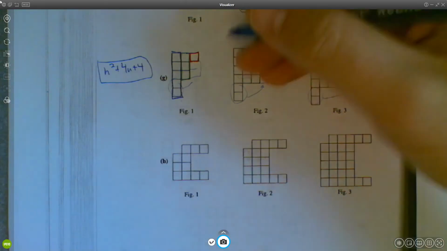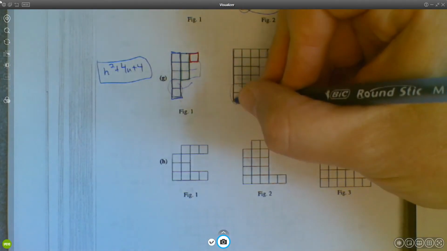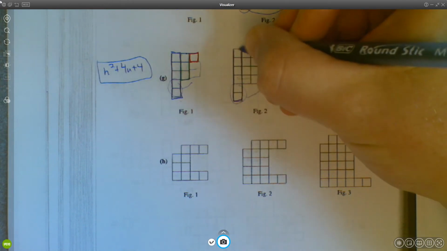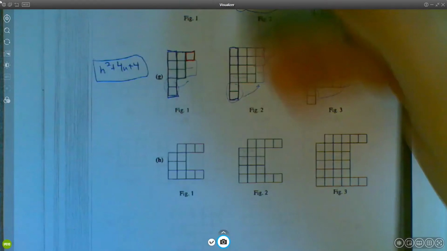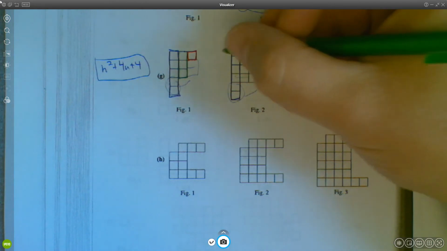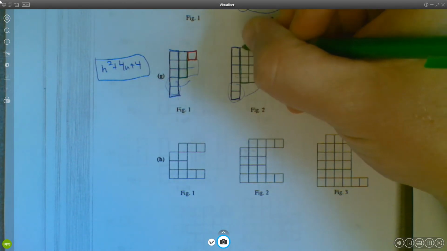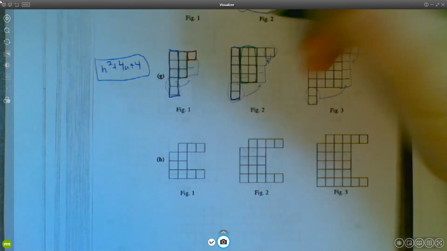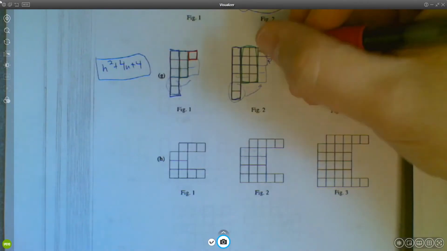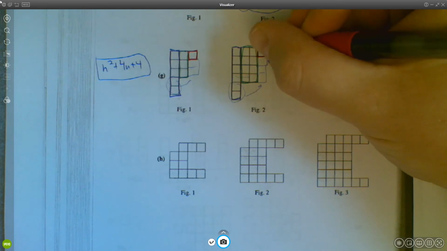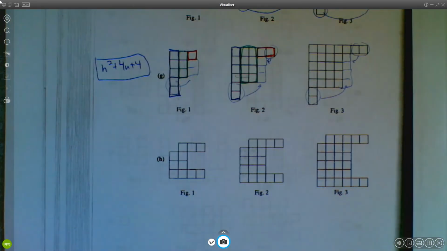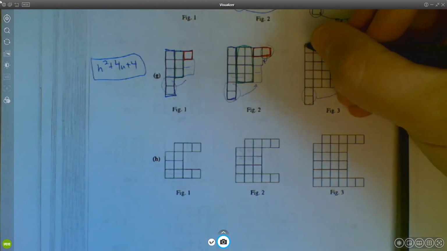Then for figure 2, I might group it like this, where this first column is still its own thing, but instead of just one column in green, I do 2 columns like this, so that I've got this rectangle pattern. And then for the red, I maybe take these 2. So this is another way you could see the growth.